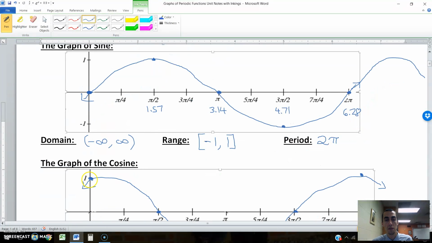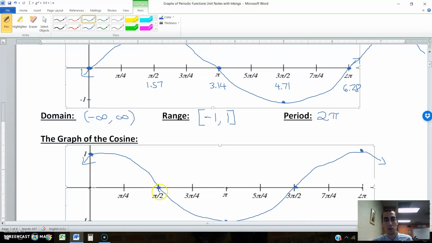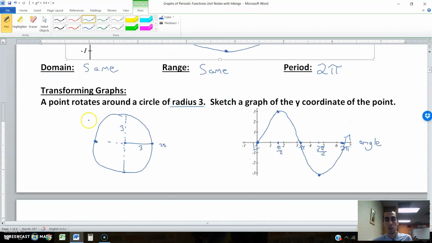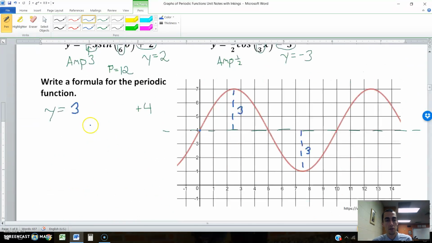For a cosine graph, it starts out above the midline, and only later it drops down to the midline. So since it starts out at the midline, I'm going to say that this is a sine graph. It's going to be sine of a number times theta.